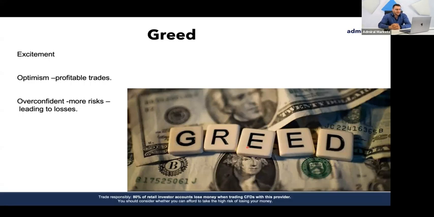And how do you know that emotional state from the cycle has kicked in? Simply, you're going to have the first experience of excitement. It's like, wow, look at what I'm doing here. Let's take the Euro US dollar. You bought it, oh my God, it's moving higher and higher and higher. It's going to move there forever.